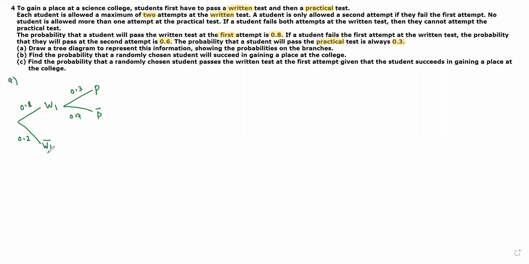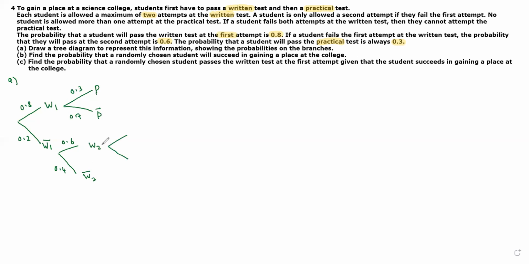If they fail the first written test, then they can either pass the second written test or fail the second written test. The probability of passing the second written test is 0.6, and the probability of failing is 0.4. If they fail the second written test, out they go.